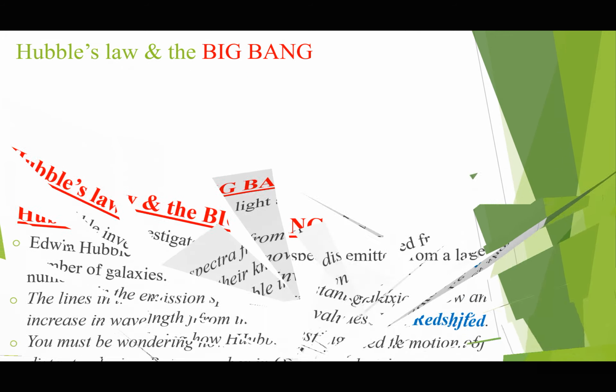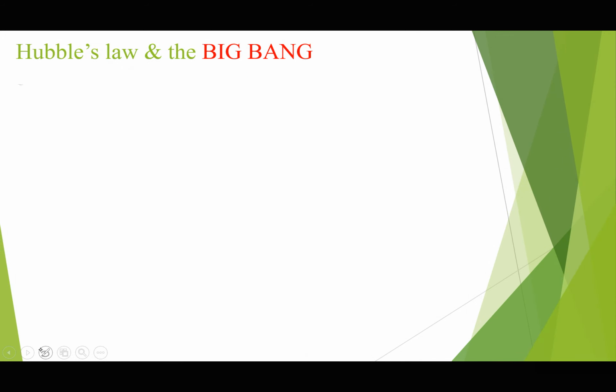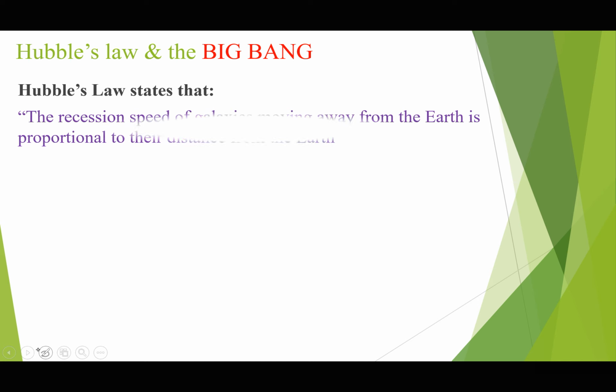So let's explore Hubble's law. Hubble's law states that the recessional speed of galaxies moving away from the Earth is proportional to their distance from the Earth. Now the question would be, why the Earth? Of course, Hubble was taking measurements while based on Earth, so the Earth is acting as the reference point.